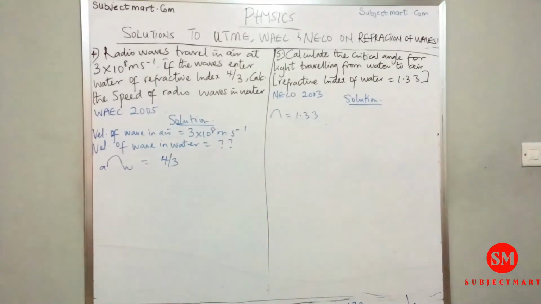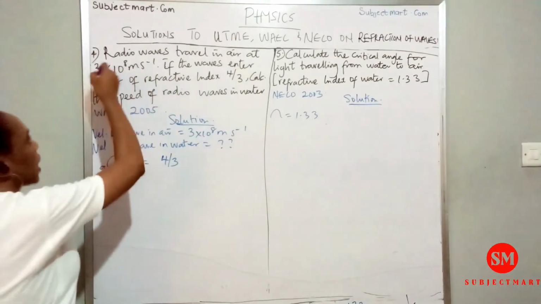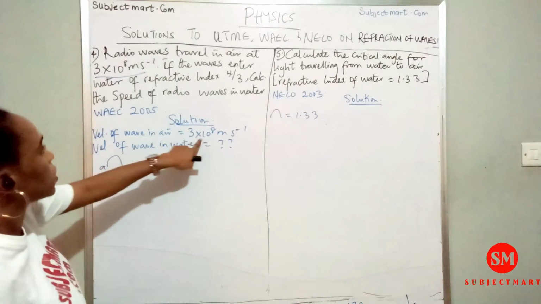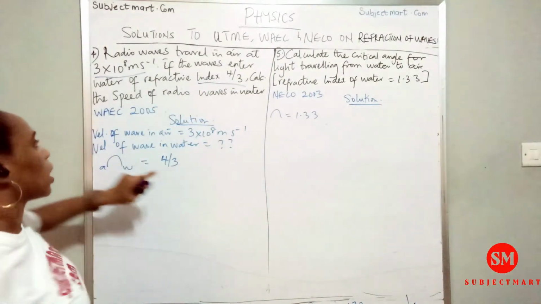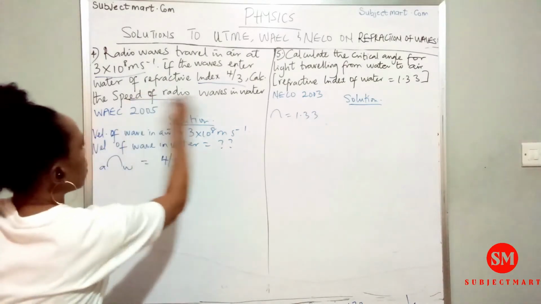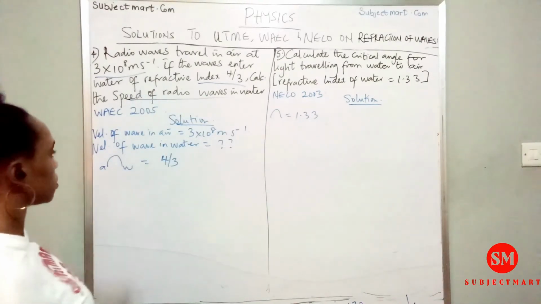So question 4. Radio waves travel in air at 3 times 10 raised to the power 8. We are given the refractive index, and we are asked to find the speed of the radio waves in water.